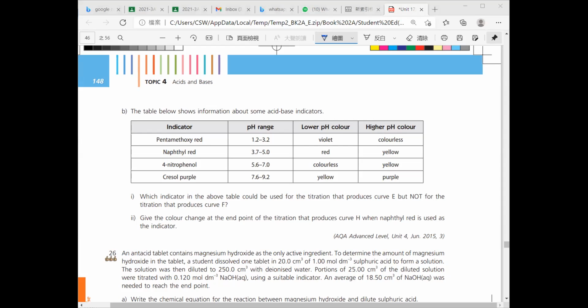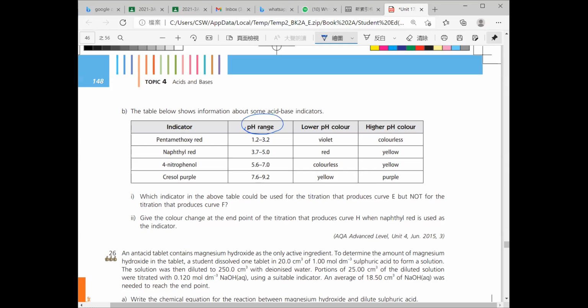The indicator that can be used for E but not for F, so you are going to check what?